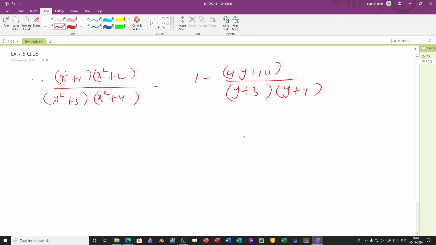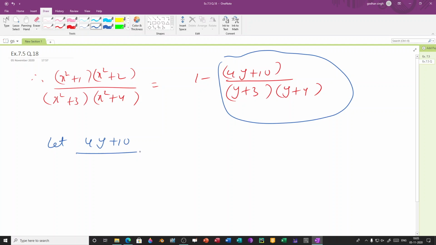Now first we'll do the partial fraction of this one by seeing table 7.2. If you see table 7.2 you'll come to know that we can write 4y plus 10 over (y plus 3) into (y plus 4) as a over y plus 3 plus b over y plus 4.